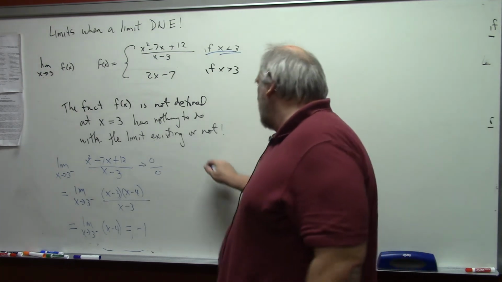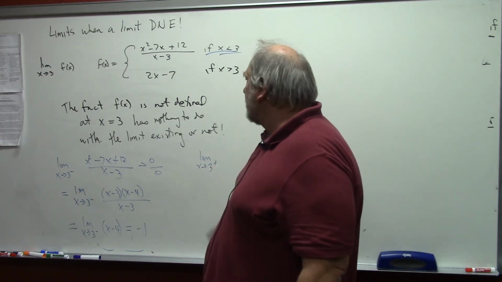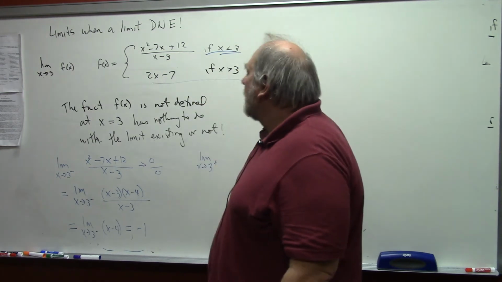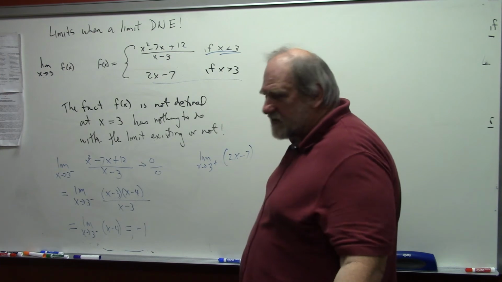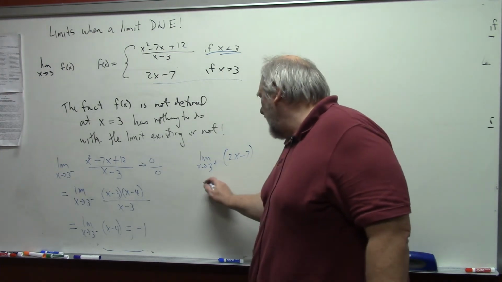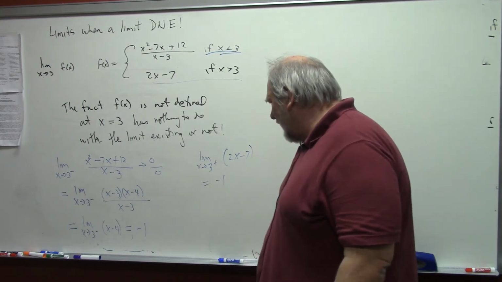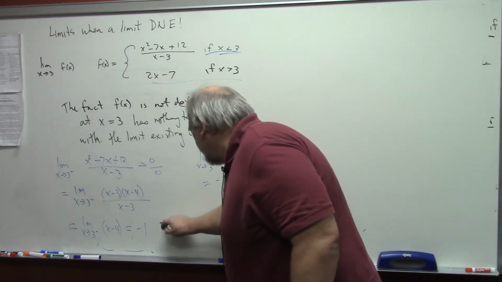And so the limit as x approaches 3 from the right, in this case now I'm using the bottom piece, 2x minus 7, and in this case there's nothing unusual going on. We can just go ahead and take the limit, and this equals -1. And notice these are the same.